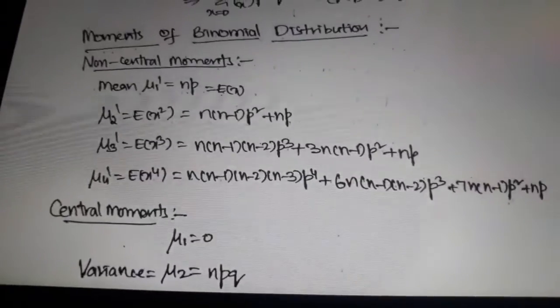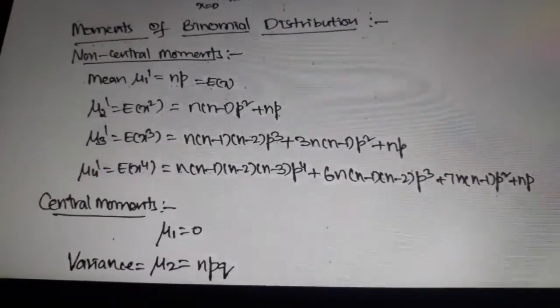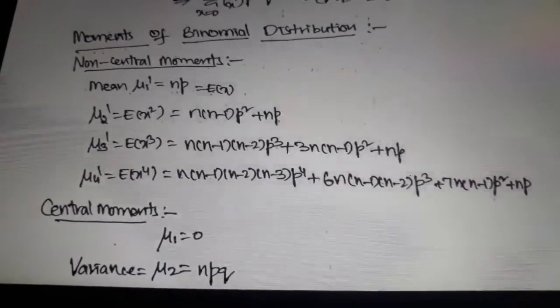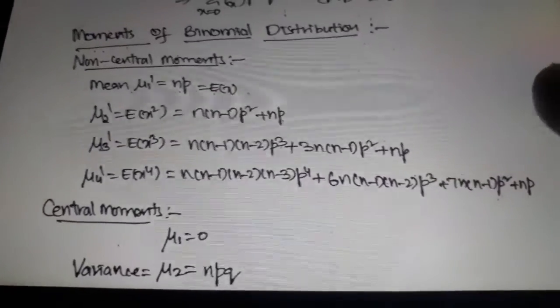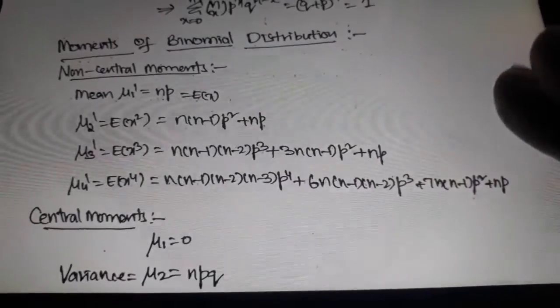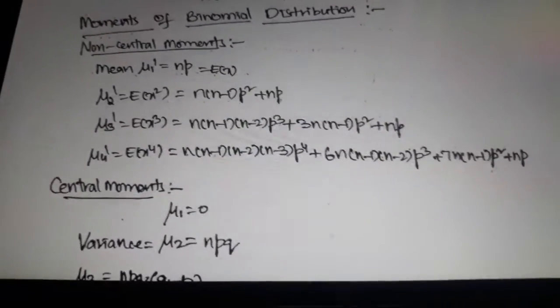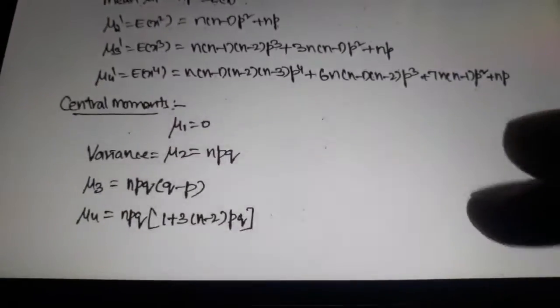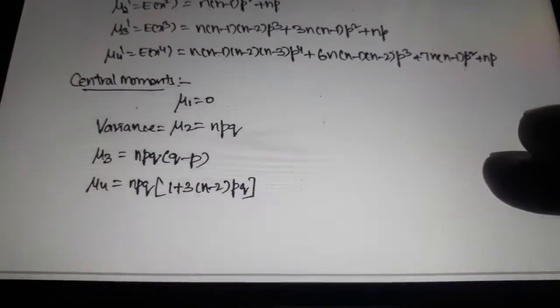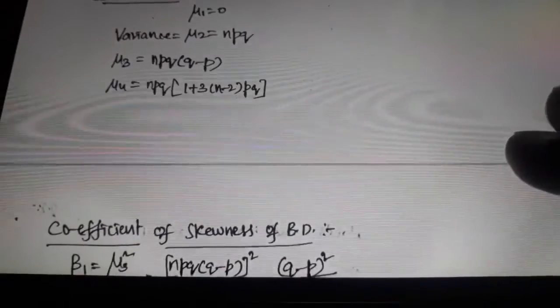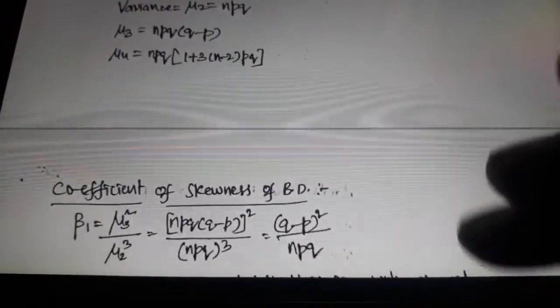All this is already known to you because these concepts were discussed in the first semester. So mu1 dash is np, mu2 dash is expectation of x square, expand like that, and they will get mu3 dash, mu4 dash. Based on the non-central moments, we find the central moments. Mu1 is 0, mu2 is npq, mu3 and mu4 are like that.